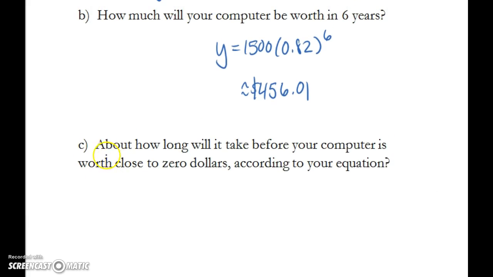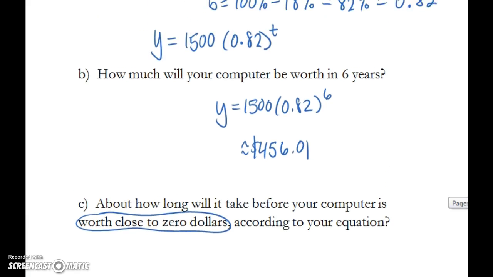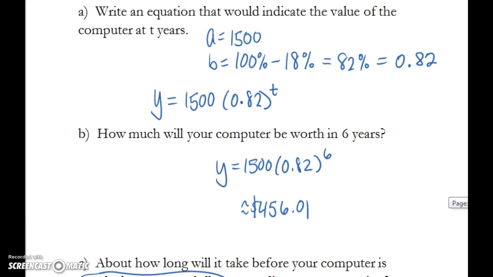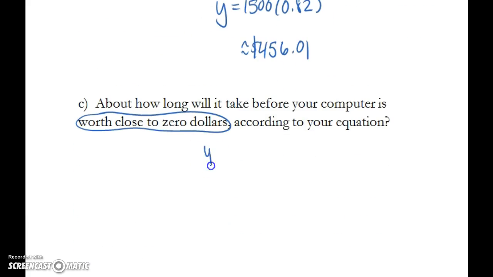And these words close to $0, that's a little tricky to interpret here. Let's go back to our equation. Y equals 1,500 times 0.82 to the t.